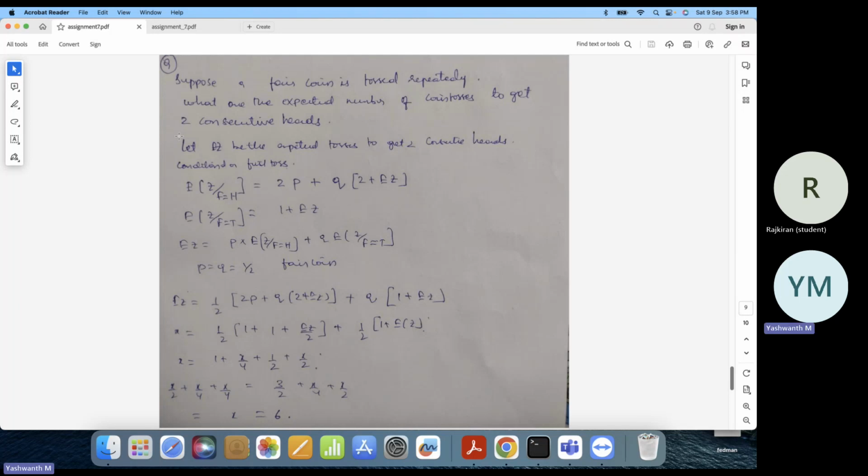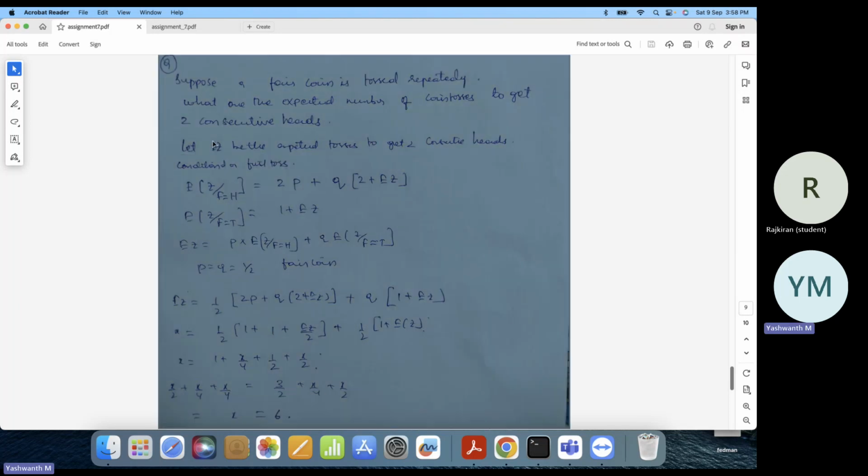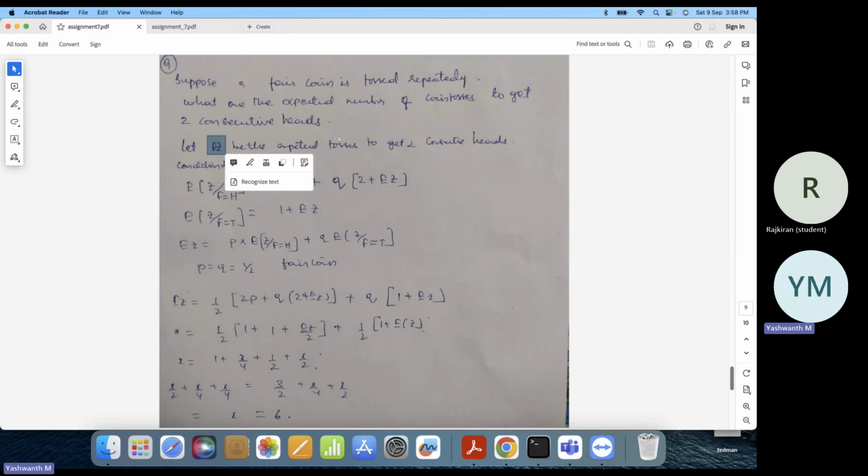I have denoted E of Z as the expected tosses to get two consecutive heads. This is what we want to find basically.